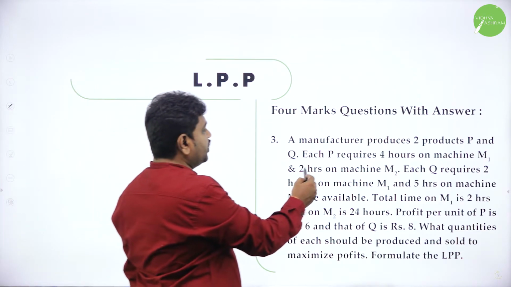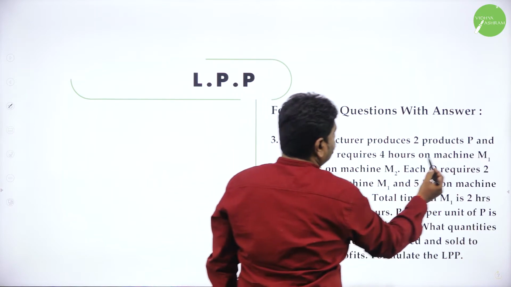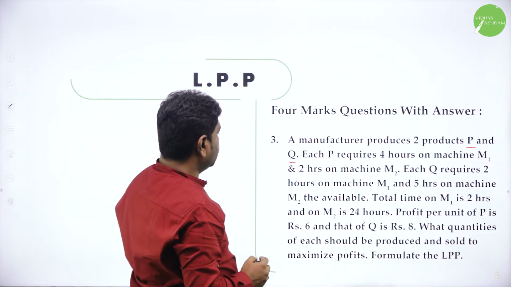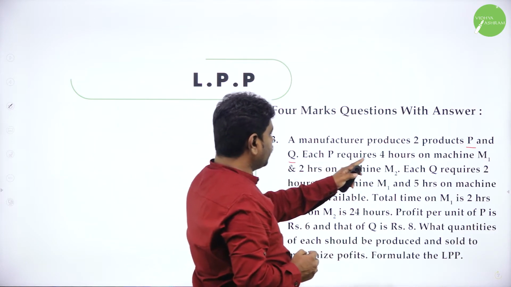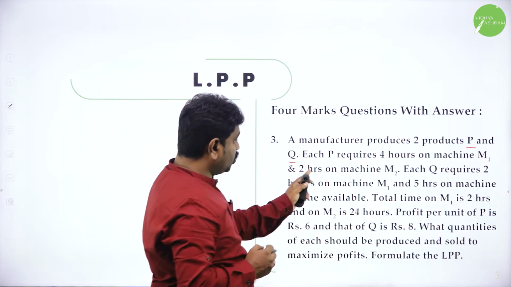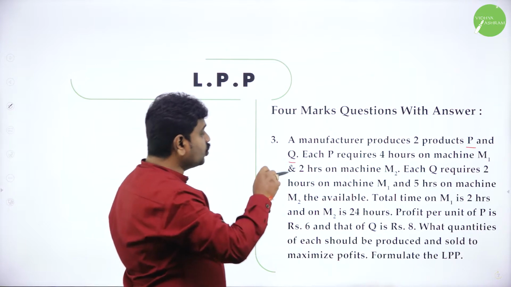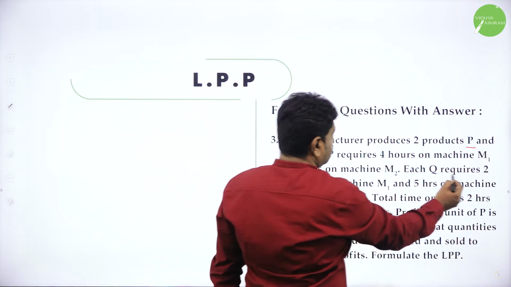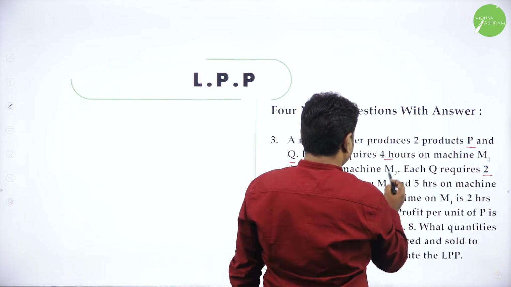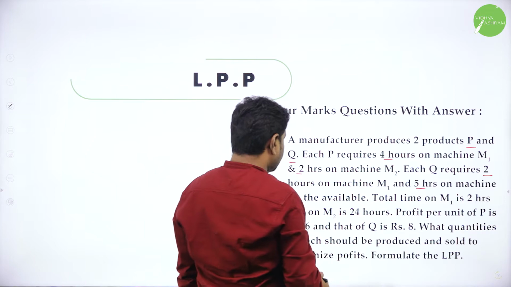A manufacturer produces two products, P and Q. So P and Q are the two types of products. Each P requires 4 hours of machine M1 and 2 hours of machine M2, and each Q requires 2 hours of machine M1 and 5 hours of machine M2.